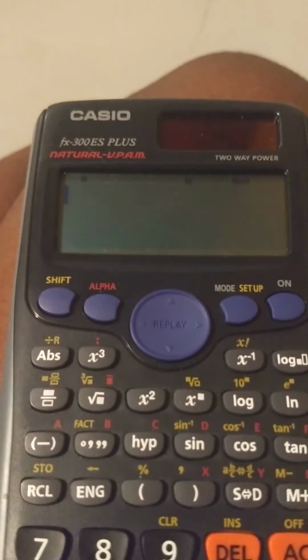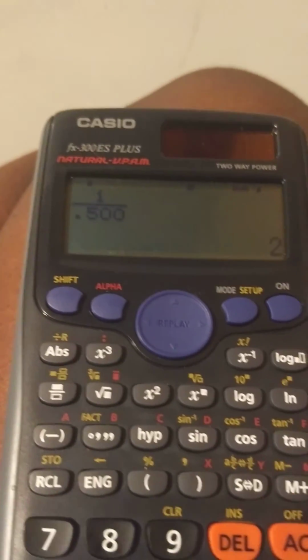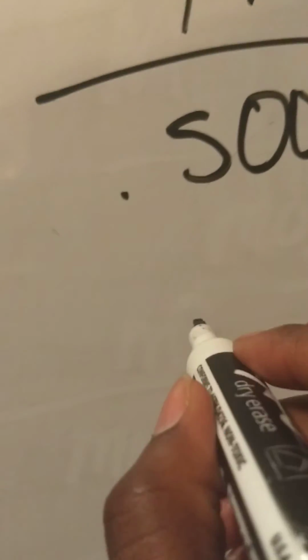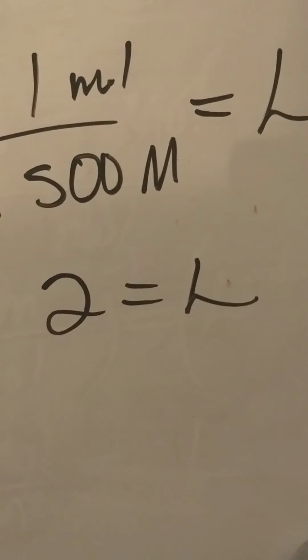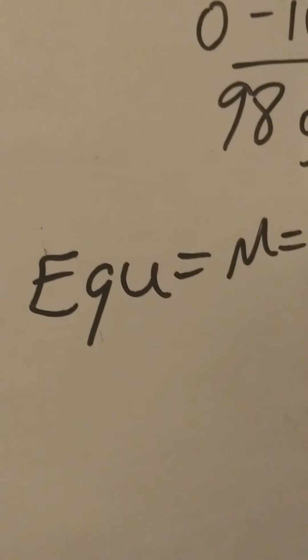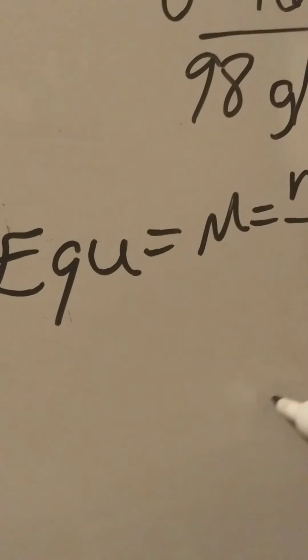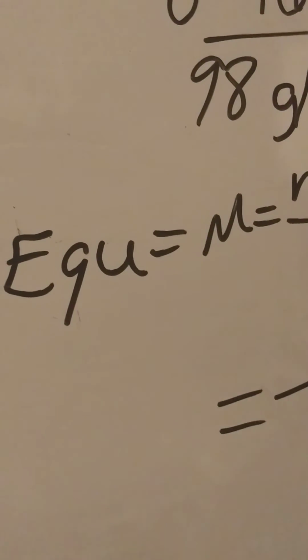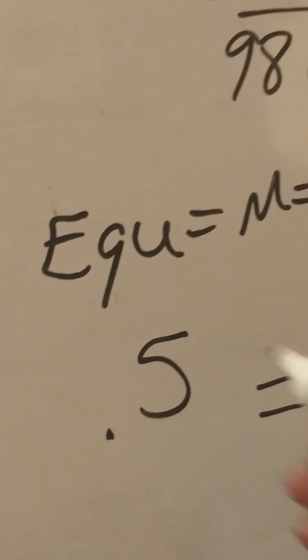Let's get our calculator. Handy dandy calculator. 1 over 0.500 equals 2. 2 equals liters. Okay, and now we check with our original base equation. We just plug in our 1 mole and our 2 liters to give us 0.5.